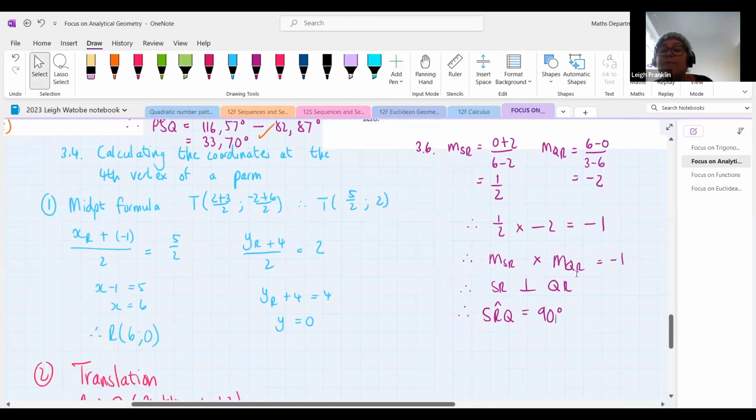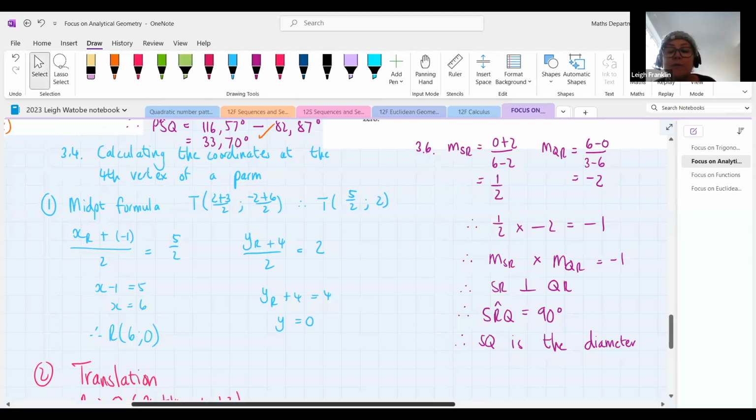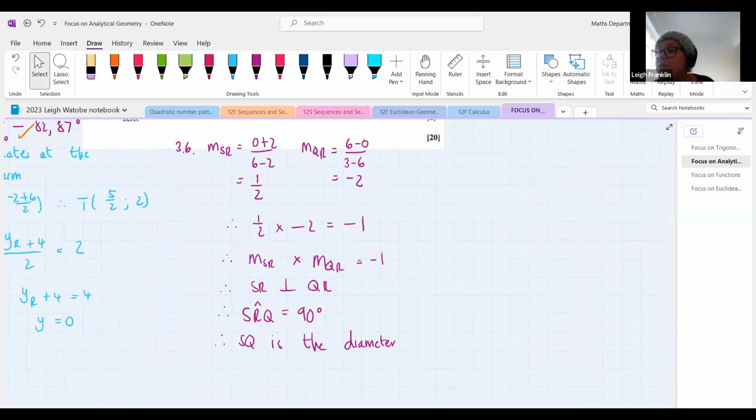And now my final statement, therefore, SQ is the diameter of the circle they gave us. And my reason here is going to be converse angle in a semicircle.